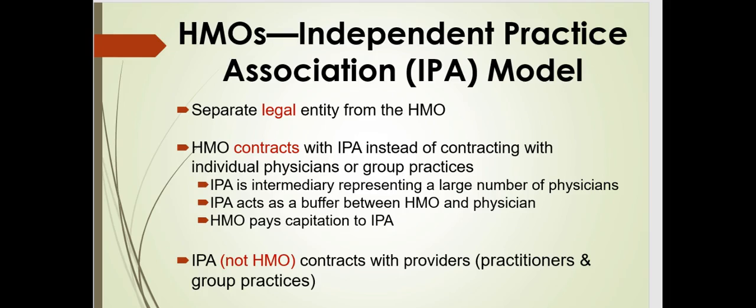So the IPA establishes contracts with both independent solo practitioners and group practices and functions as an intermediary representing a large number of physicians. The IPA is generally paid a capitation amount. It may in turn reimburse physicians through capitation or some other mechanism such as modified fee-for-service.